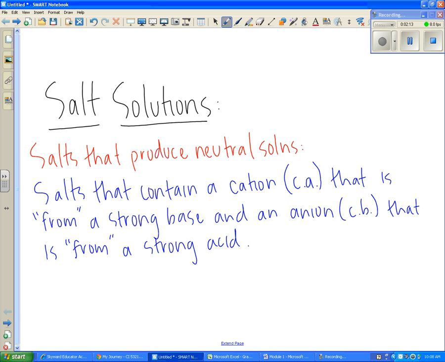Salts that produce neutral solutions are salts that contain a cation, a conjugate acid, that's from a strong base, and an anion, a conjugate base, that's from a strong acid.